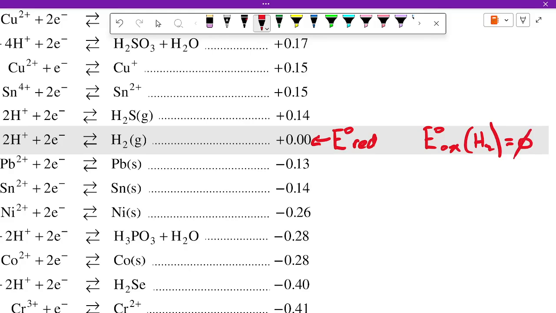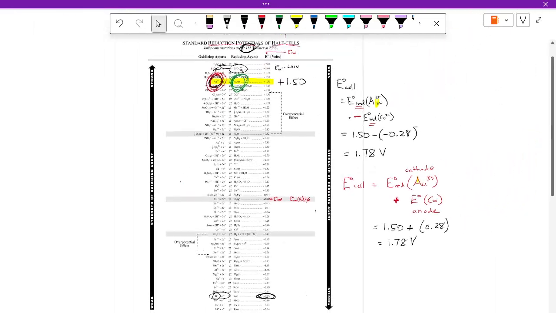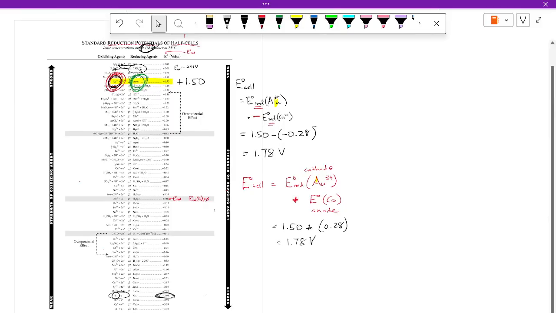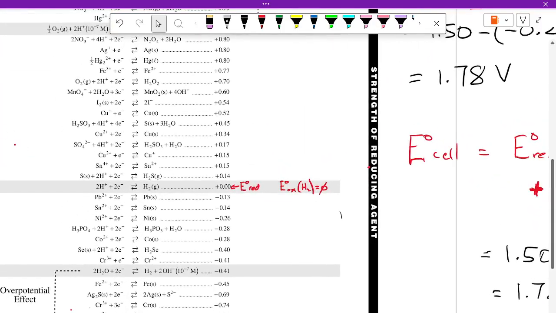Not really, other than the fact that it's kind of in the middle, and it works well as a standard. Okay? You could actually, if you wanted to, set a different reduction potential to 0.